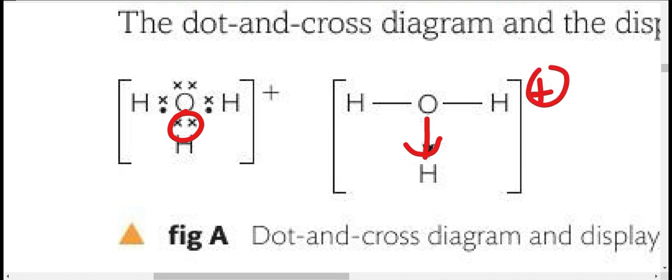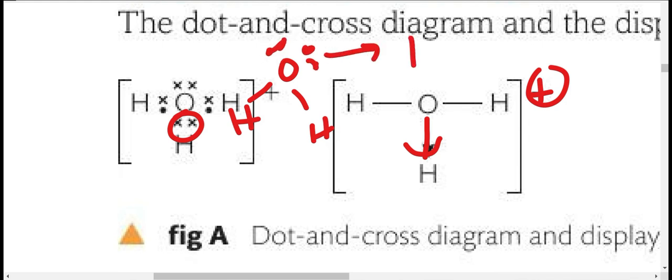Oxygen is here with 2 hydrogens on it, and 2 pairs of electrons. It's offering a pair to this H positive, and then this structure is formed. This is how the dative covalent bond arises.